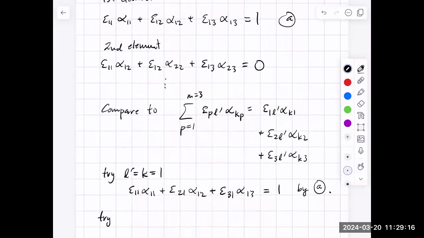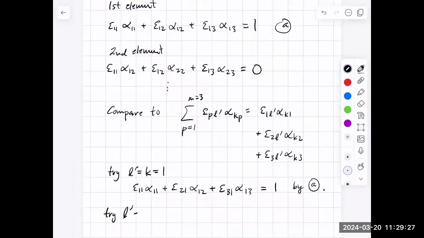The next thing we could try: if we want to compare to the second one, I want epsilon 1,1 to start, so L prime is 1. I need an alpha 2,1 or a 1,2, so K must be equal to 2. So let's try K equals 2.